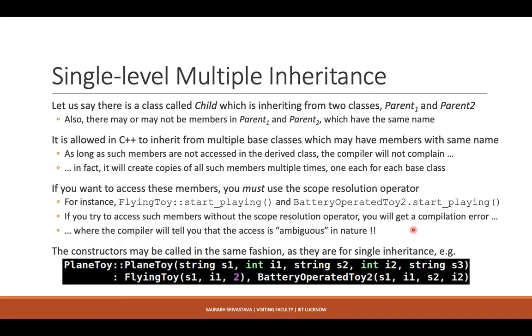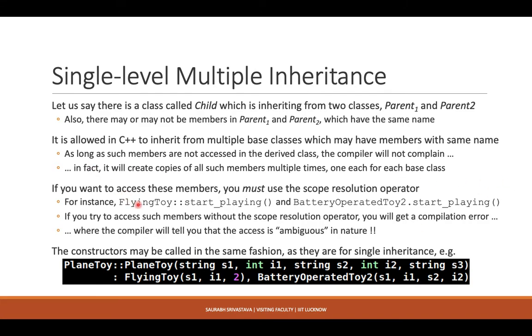Whenever you are actually going to access any member from, let us say, the grand grandparent, that is what we see in the diamond shape problem. Whenever you try to access something from the grandparent, this problem will become even more specific, because then you will always have at least some inherited members which are going to have the same name.